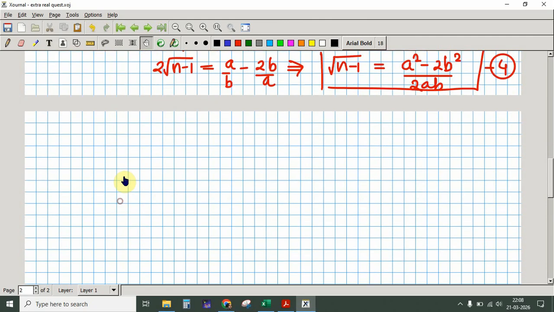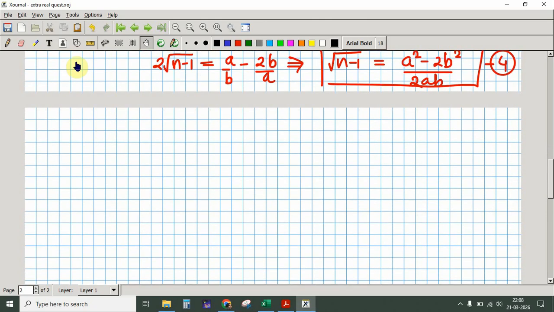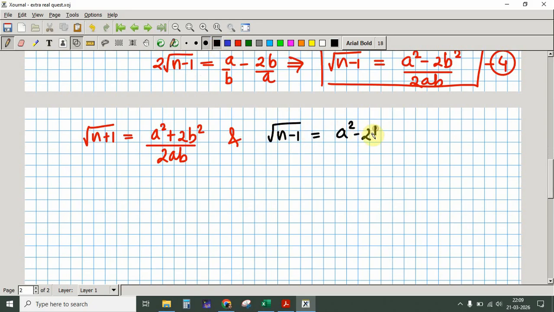Now what we have: square root of n plus 1 is equal to a square plus 2b square upon 2ab, and square root of n minus 1 equals a square minus 2b square upon 2ab.